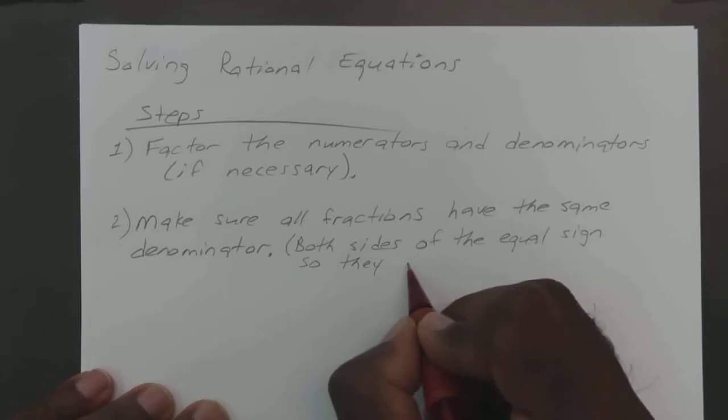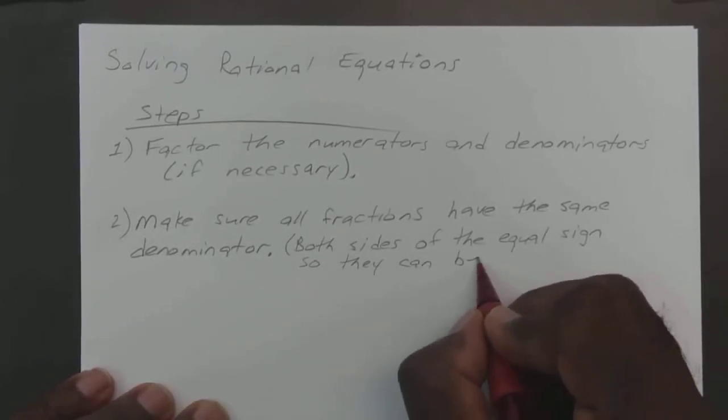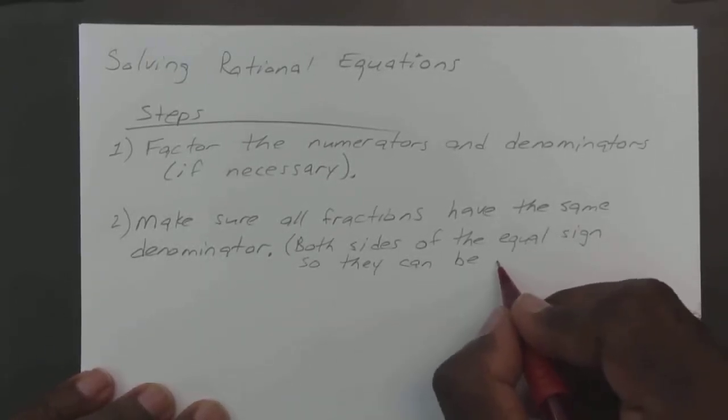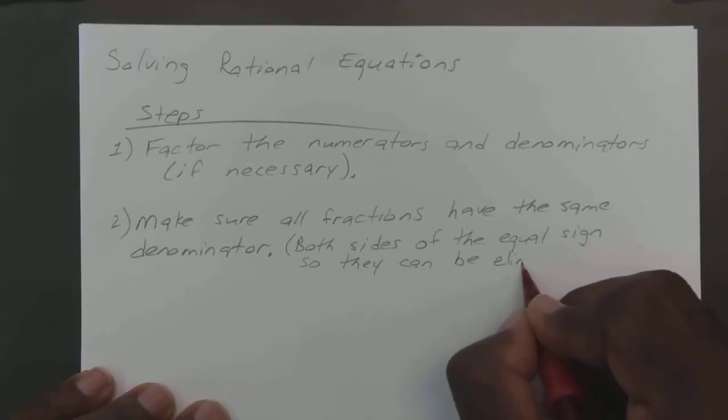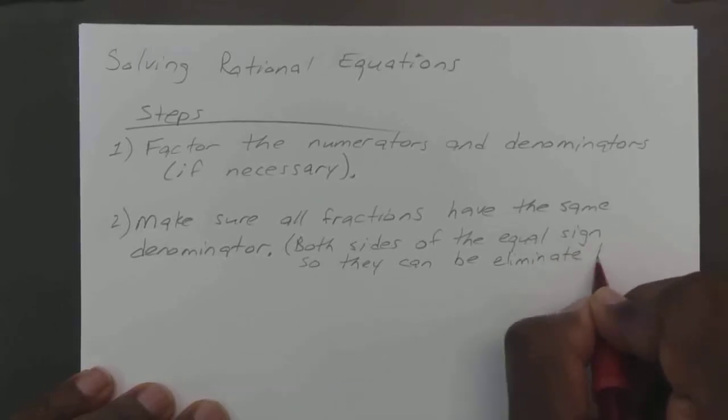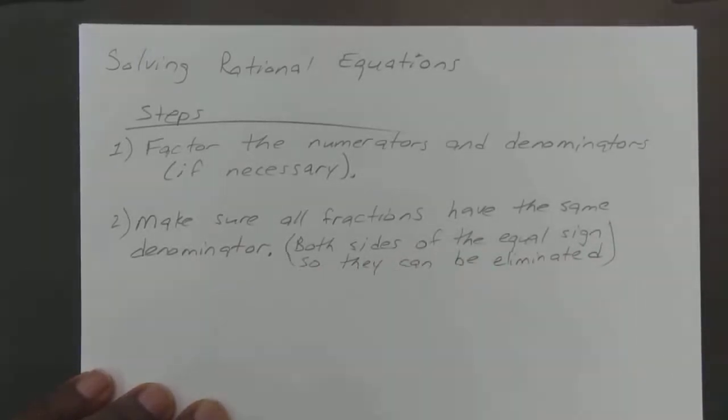So they can be eliminated. Really, this second step will get rid of the fractions. So every fraction should disappear after this second step. Okay. So third, remove any grouping symbols like your parentheses or anything else, and from there you can just solve it.